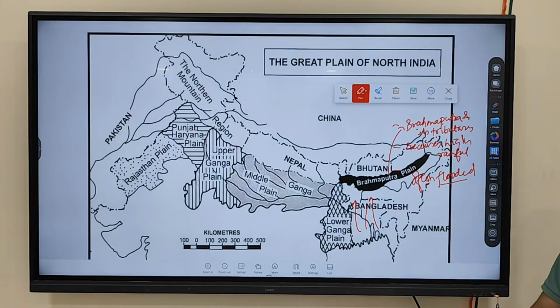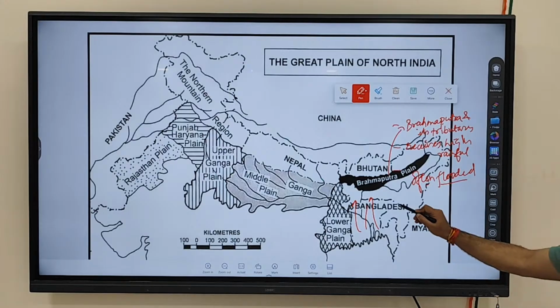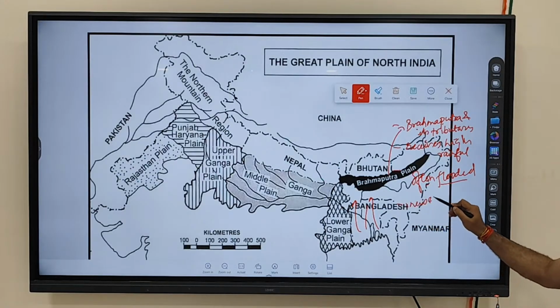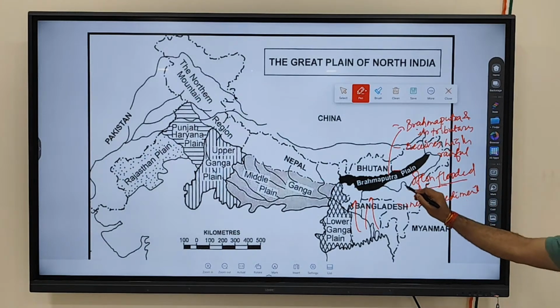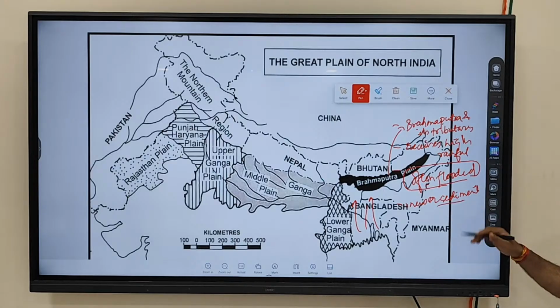So newer sediments are continuously deposited in this particular region. The Brahmaputra and its tributaries receive very high rainfall, are often flooded, and newer sediments are being deposited in this region. Fine.